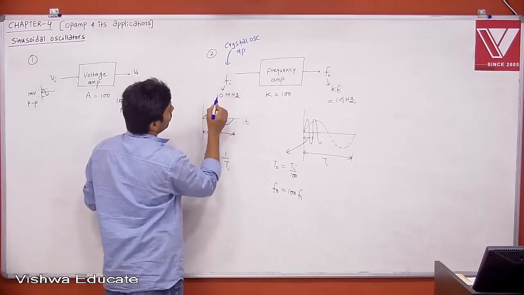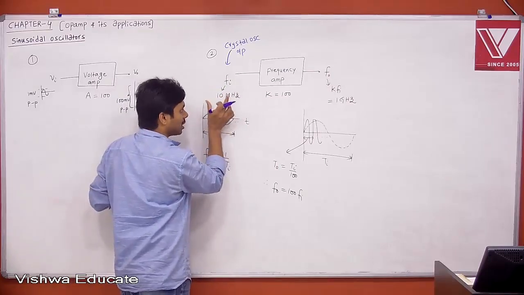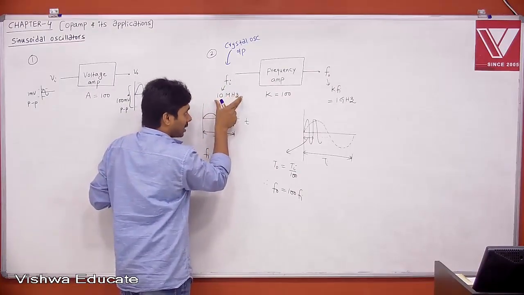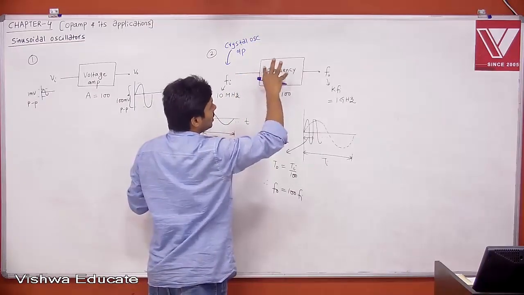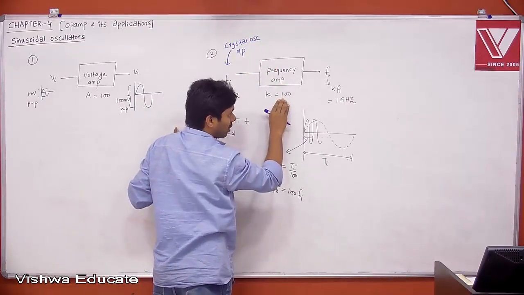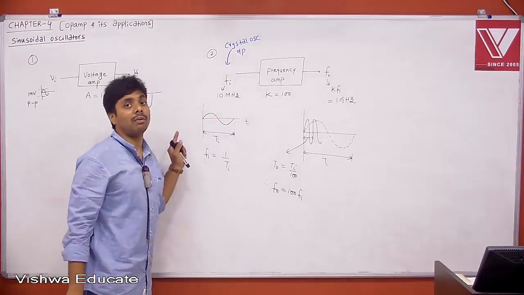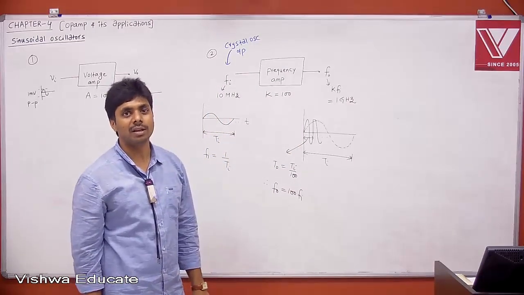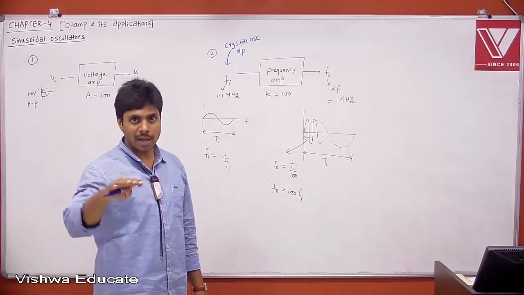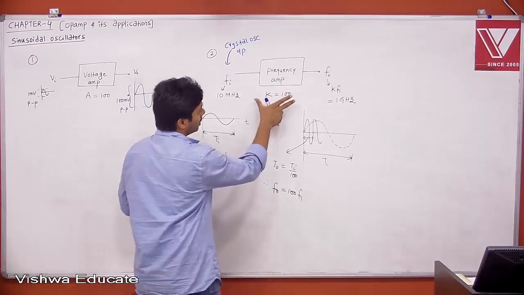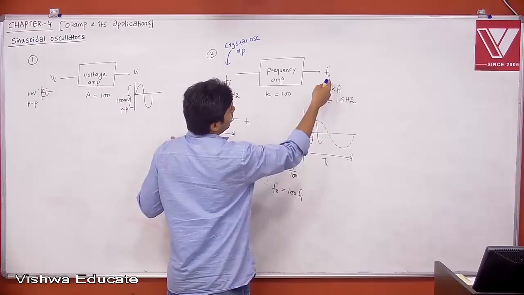Whatever 10 MHz you are giving, that is 10 MHz only, without any variation, coming from the crystal oscillator. Let us say it has a constant frequency gain, which is K. People call it KVCO, which is your voltage controlled oscillator frequency gain. Therefore, with KVCO or K, what is your output signal frequency?